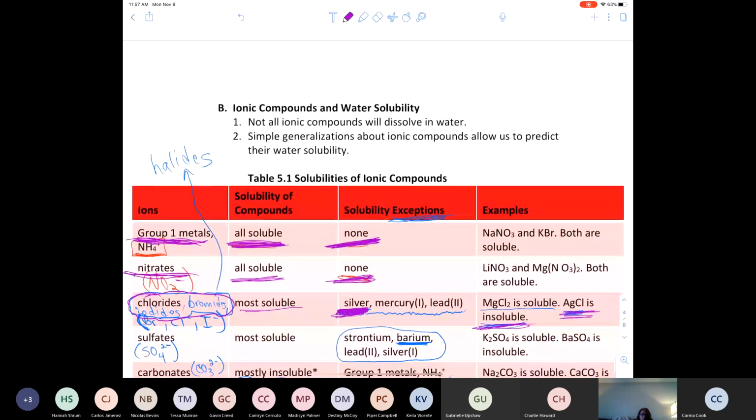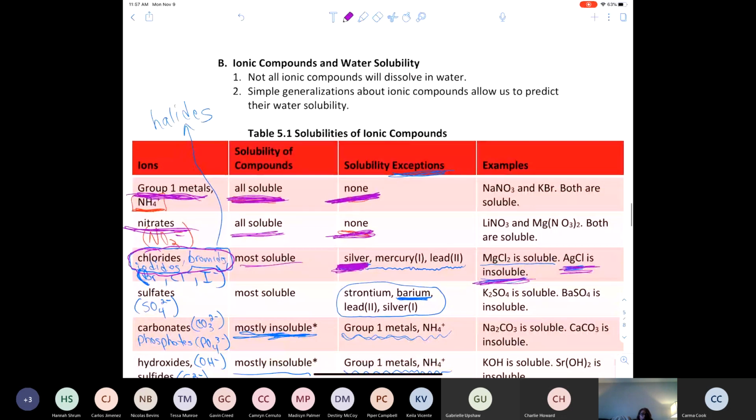So it doesn't matter what nonmetal a group 1 metal is bonded to. By there being a group 1 metal as your cation, it's soluble. Same thing with the nitrate polyatomic ion. Doesn't matter what metal cation that is bonded to in the ionic compound.